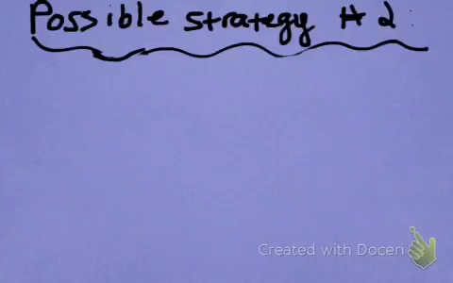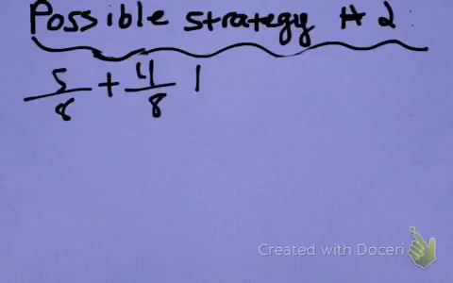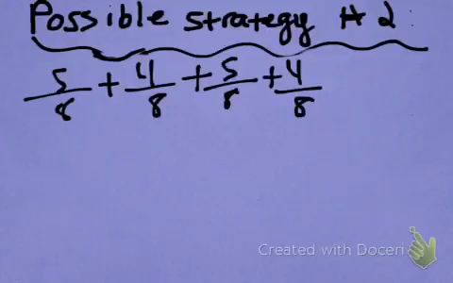Possible strategy number 2 would be to add the length and the width, adding the measures of the 4 sides. So we've got 5/8 plus 4/8 plus 5/8 plus 4/8. The 5s because that's the length, and the 4s because that's the width.